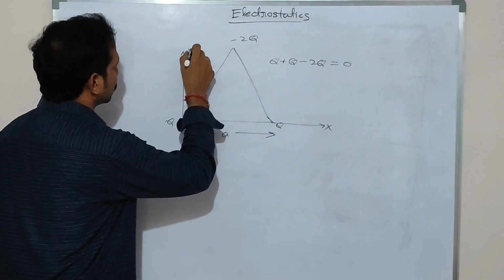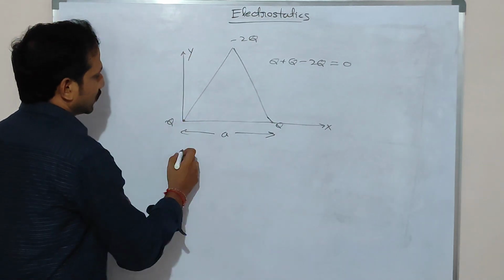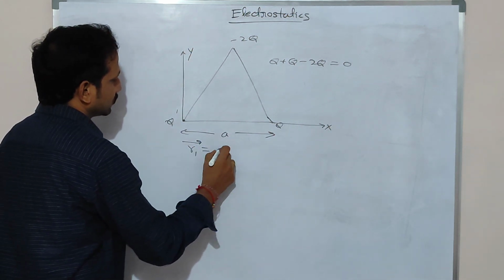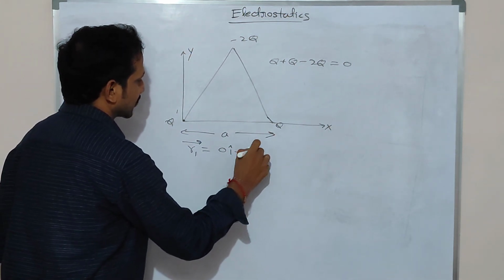This is your y-axis and this is your x-axis. The first charge has position vector 0 i cap plus 0 j cap.